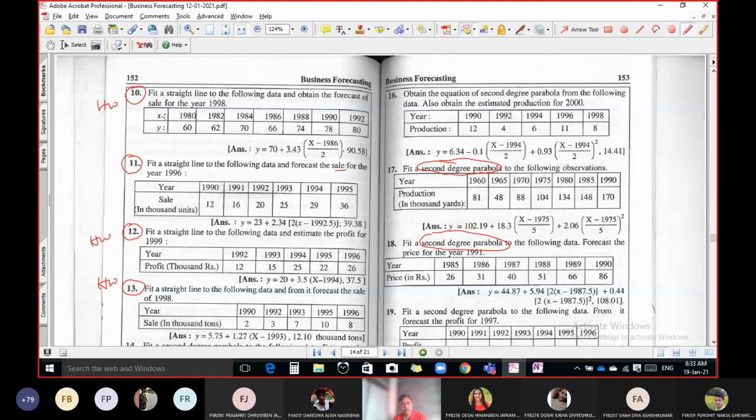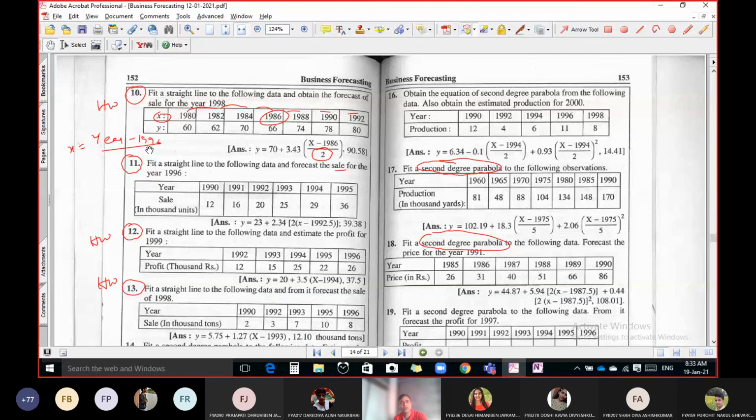Here you can see in question number 10, the distance between these two is the same and the gap is 2. So it's better, instead of x, you can write x equal to this year minus 1986, that is the middle year, and divided by 2.